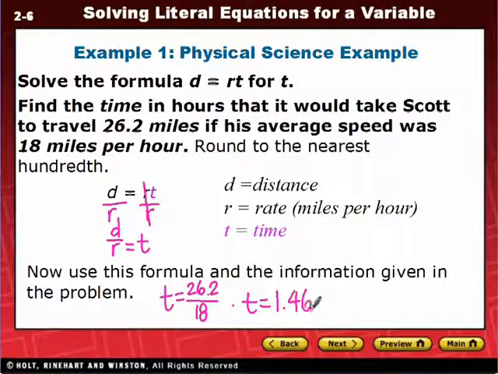No, 1.46 hours. We're looking for his time, right? So he could run the marathon in a very speedy 1.46 hours. I think he must be riding a bike. I don't think he could be running.